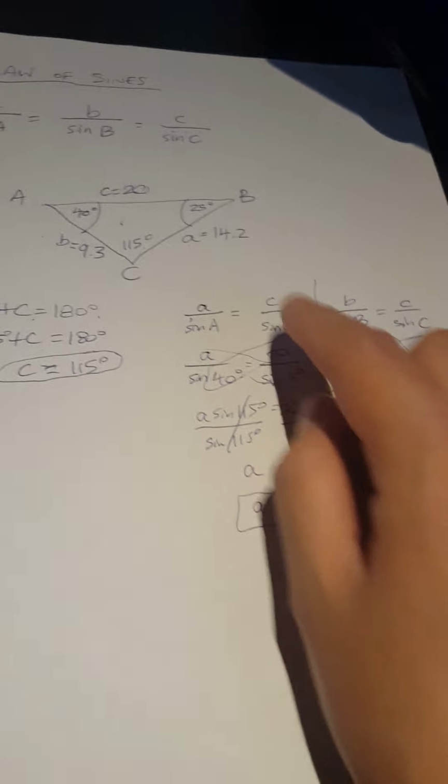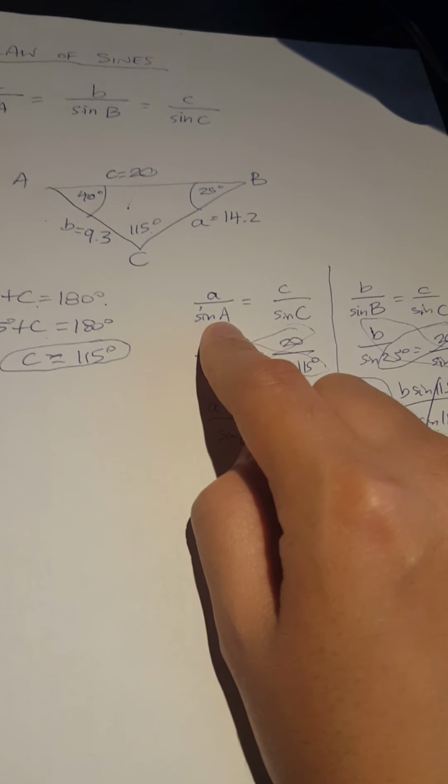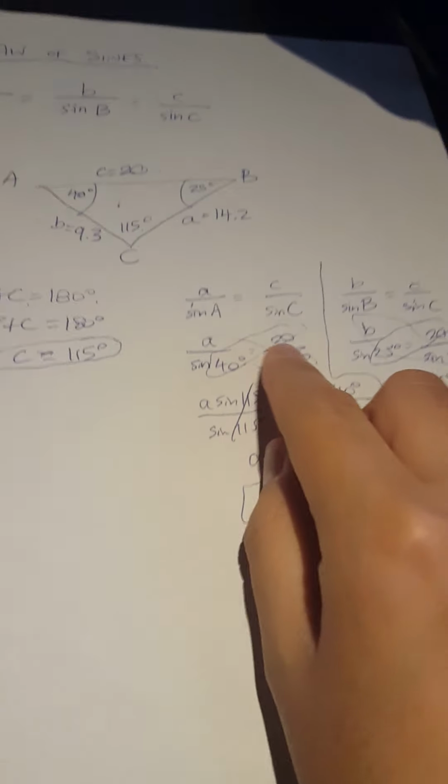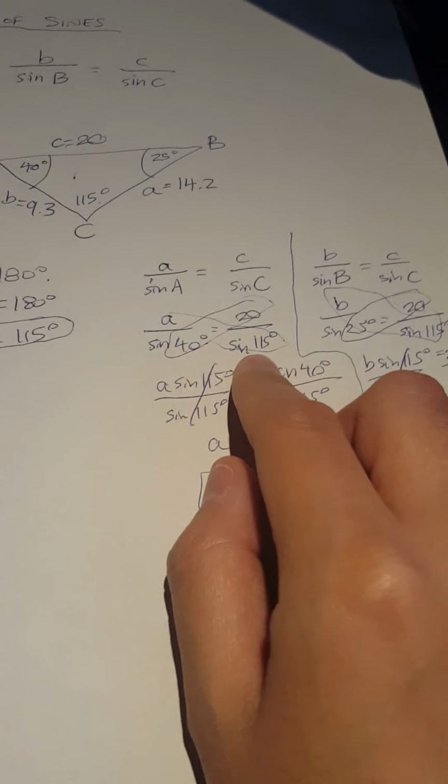So if we're looking for little a, just to recap, I didn't know what little a was. I knew that angle A was 40 degrees. And I had both the C's, of course. I had little c is 20 and big C is 115 degrees. So you put that in here. That means you're saying A over sine 40 equals 20 over sine 115 degrees, cross multiply.